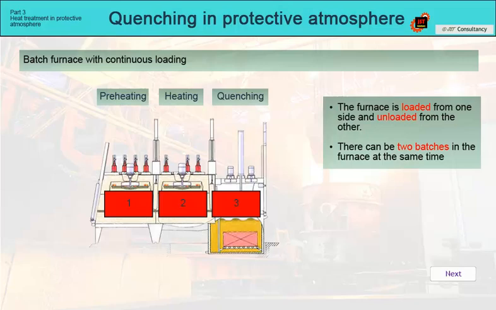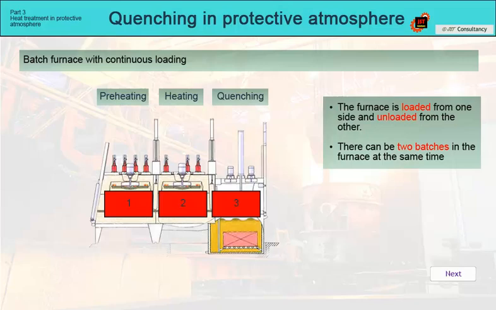When quenching, in the first chamber we preheat the batch to, for example, 500 Celsius, and as a result of this preheating, the heating process in the middle chamber is significantly shorter. In the case of carburizing, this middle chamber, by being permanently at temperature and permanently saturated to the appropriate carbon potential, significantly speeds up the carburizing process.